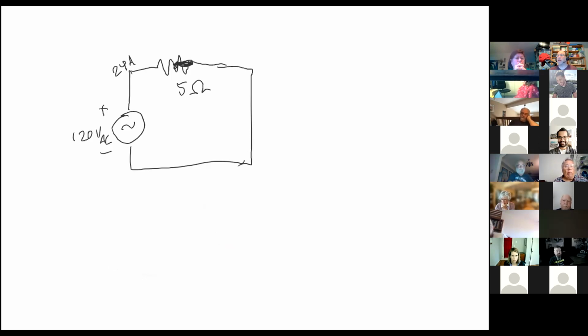How much current does the wall outlet have to be able to source then? 24 amps. How about the plug that you plugged into it? Same. How about the wire that's connecting the plug to your space heater? The same.